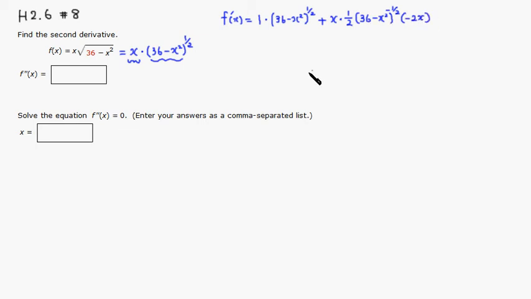Alright, so we can cancel out the 2's, 2 on the bottom, there's 2 on top.